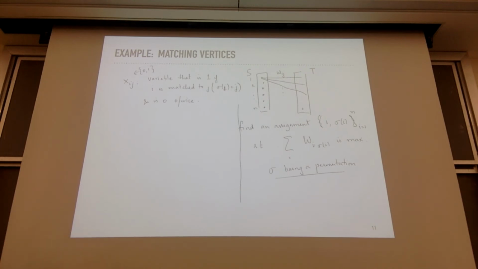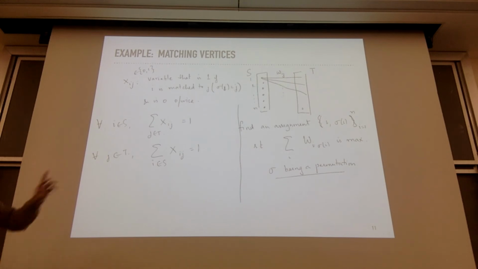So what you have is that for all i, you have sum over j of x i j equal to 1, and for all j you have sum over i of x i j equal to 1.